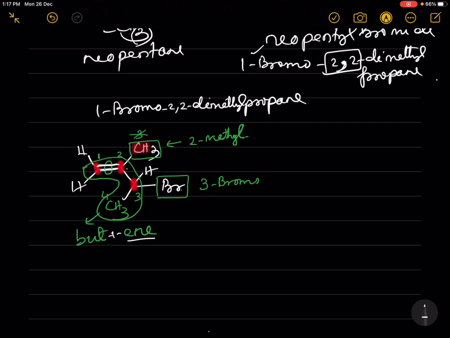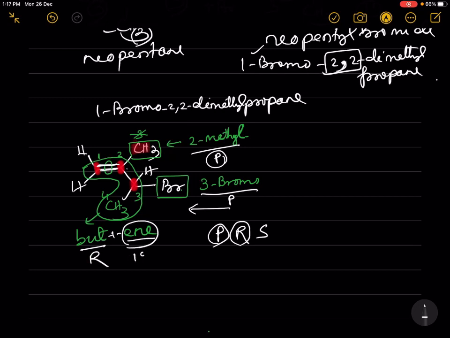Then we have to write its IUPAC name: prefix, root word, suffix. 3-bromo is a prefix, 2-methyl is a prefix, but is the root word, ene is the primary suffix, means it comes under suffix, and the prefixes are written alphabetically.